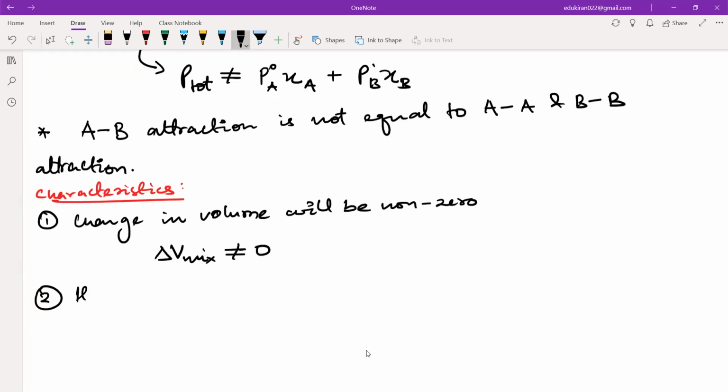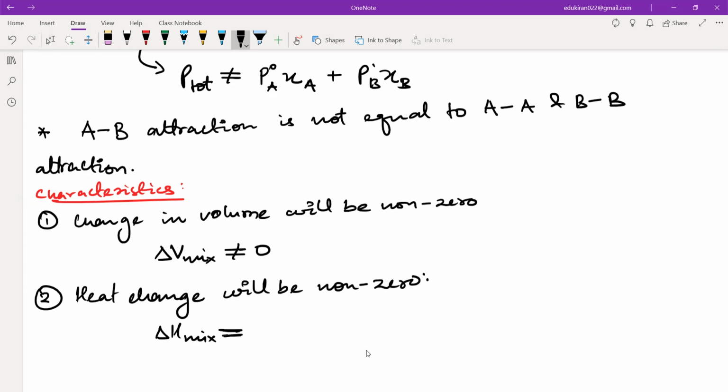Second point will be that heat change will be non-zero. This means delta H mixing will not be equal to zero. Actually, please write this down. If you have doubt in any one of these points or characteristics, please let me know.